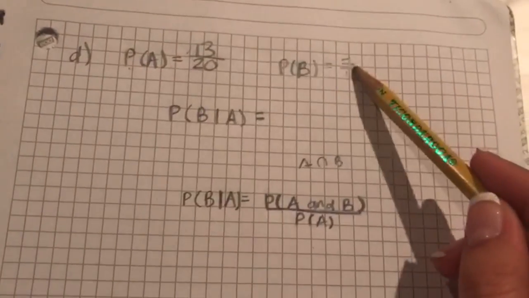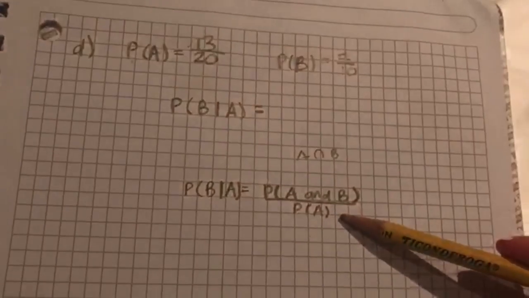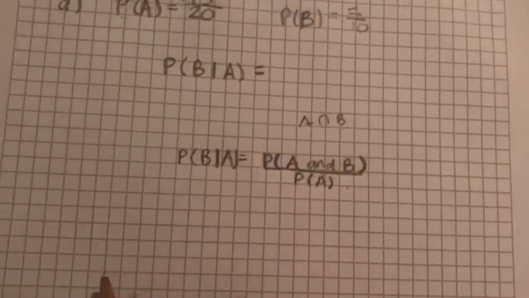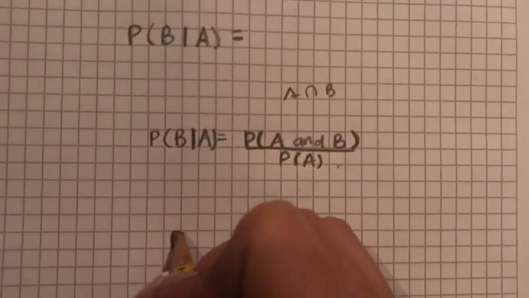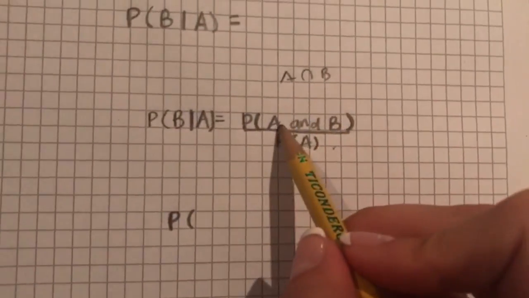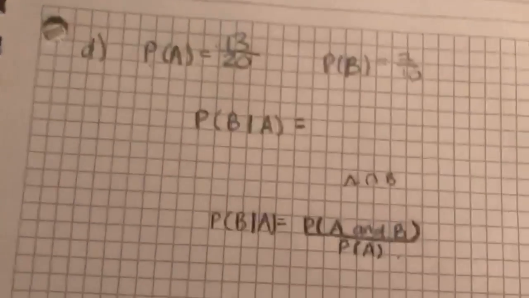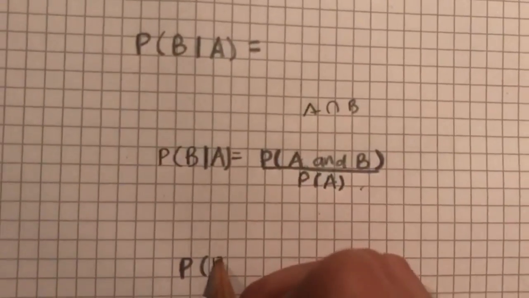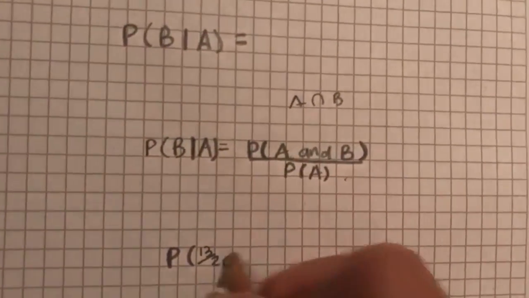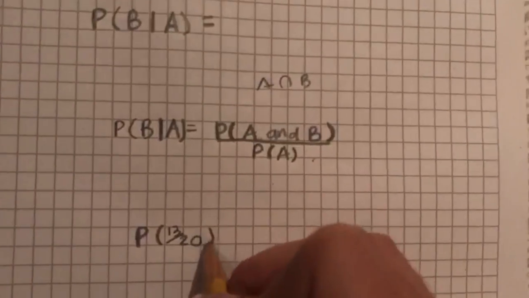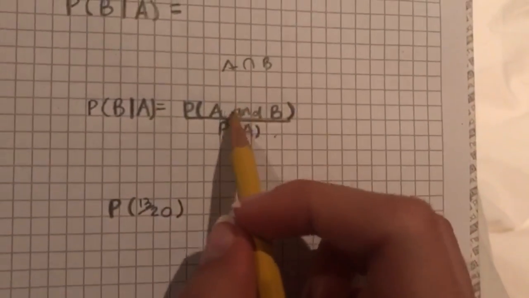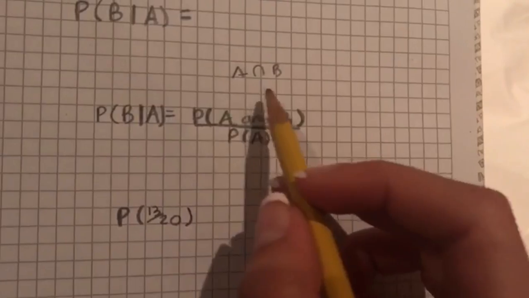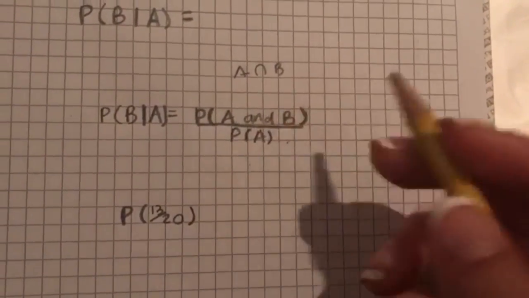Then you're just going to plug in these values that the problem gave you into the formula. So the probability of A, which is 13 over 20, since we have the word and, it means we're going to multiply, which is the intersection.